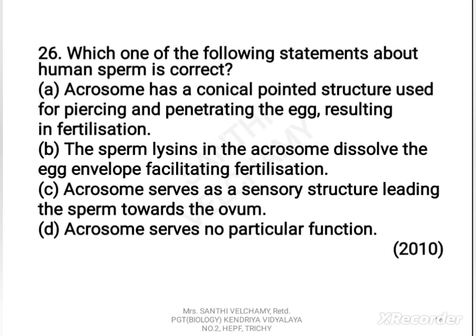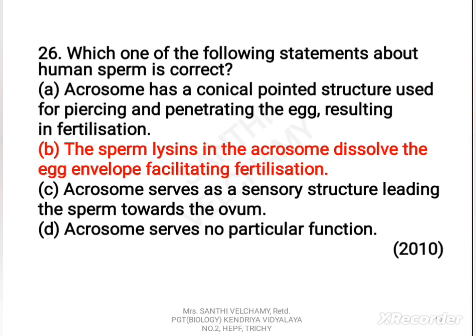C, acrosome serves as a sensory structure leading the sperm towards the ovum. D, acrosome serves no particular function. Can you find the answer? The correct answer is B. The sperm lysins in the acrosome dissolve the egg envelope, facilitating fertilization.